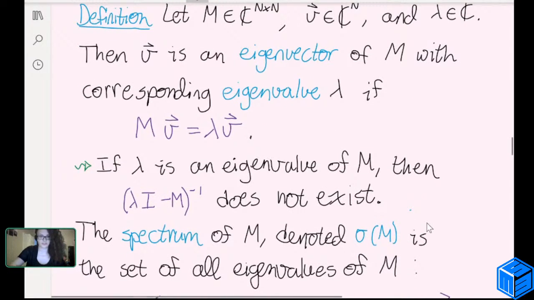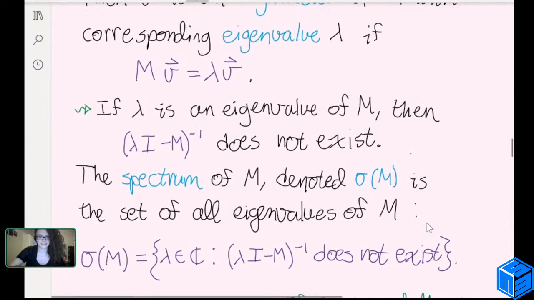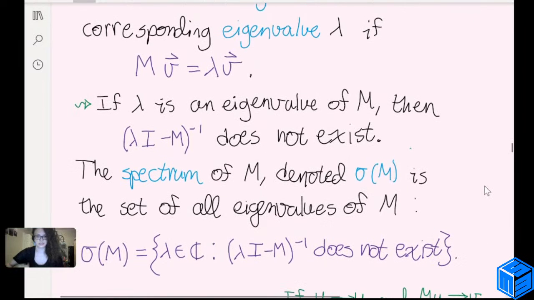And so now we'll define the spectrum of our matrix M, denoted sigma of M, and it is the set of all eigenvalues of M. So we can write it as sigma of M is the set of all complex valued lambda such that the matrix lambda I minus M is not invertible, or lambda I minus M inverse does not exist.